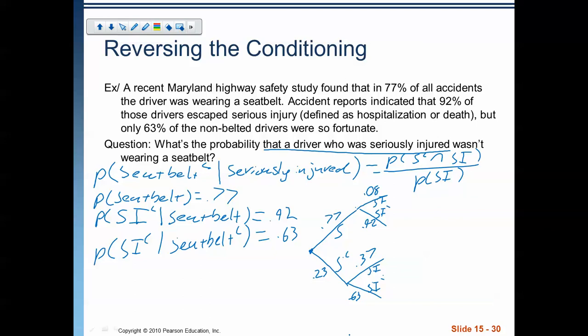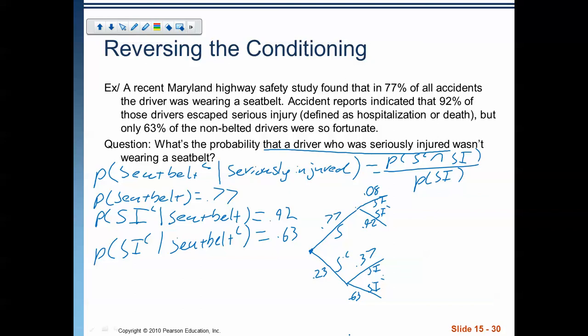In order to answer that question just by multiplying up, we would need to have our first tree be seriously injured complement, and then our second tree branch being seatbelt and seatbelt complement. And we don't have any of that information, right? We don't know the probability of being seriously injured. We weren't given that, so I can't make a tree for that yet, unfortunately. We're making this tree to figure out the other tree. Exactly. That is exactly what we are doing.